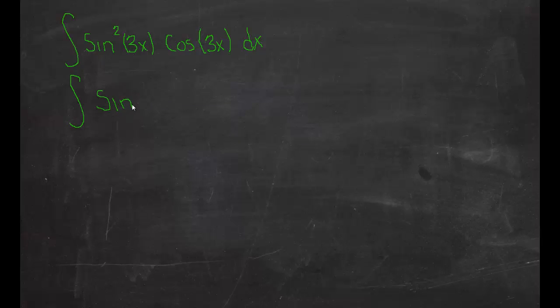So we have sine. Basically, we can take this 2 and put it on the outside and it will still be the same thing, except it's just going to give us a better view of what's actually going on here. Okay, and we always keep our dx at the end.